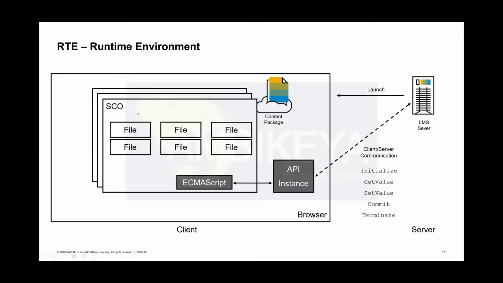If the SCO is established in a window that then creates a new window because it was originally intended to run in full screen, the API still hangs around in the old window and waits without getting any input. Yeah, and that would simply lead to the fact that learners will learn like devils, but no data will get back to the learning management system in any case.